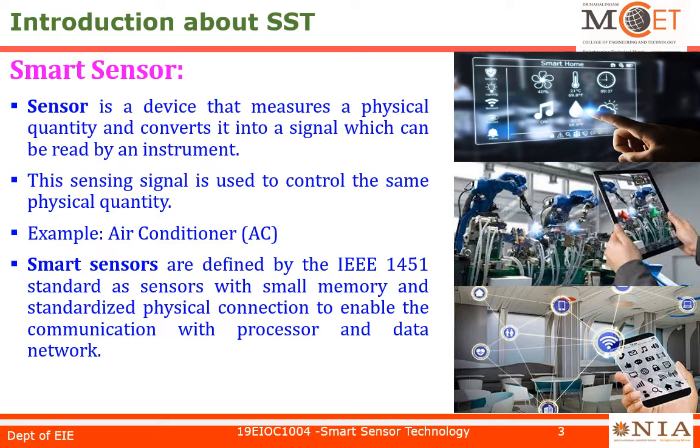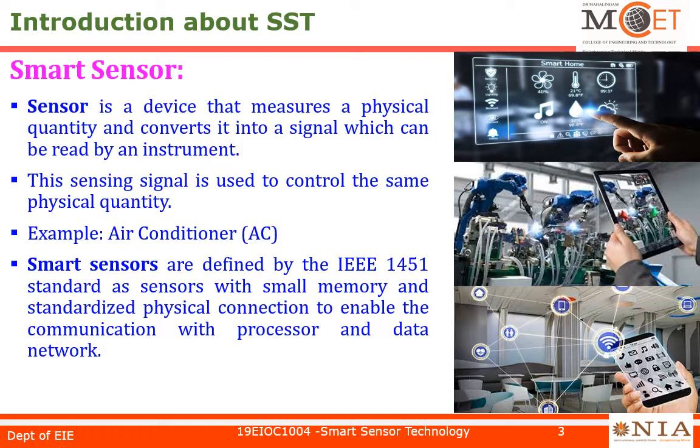Smart sensors are defined by the IEEE 1451 standard as sensors with small memory and standardized physical connections to enable communication with the processor and data network. So it is an intelligent sensor which has memory, processor, and a particular communication protocol inbuilt with that sensor. It sends the data from one device to another device.